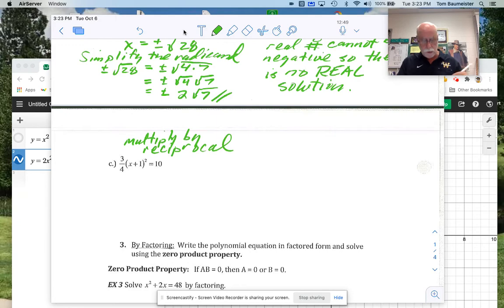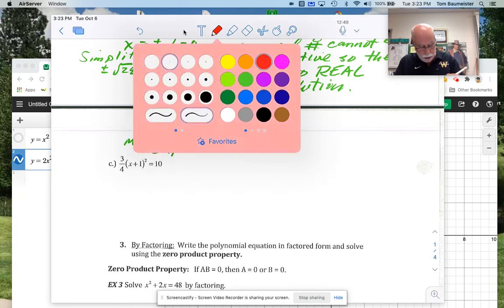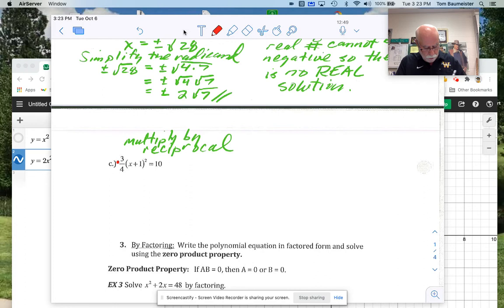And what I mean by the reciprocal is I'm going to multiply both sides of this by 4/3, because that gets rid of that fraction, which you guys don't like anyways. All right? So if I do that, then I'll get (x plus 1) squared is equal to 40/3. So it's not as nice as you were hoping, but we'll see what happens here in a second.